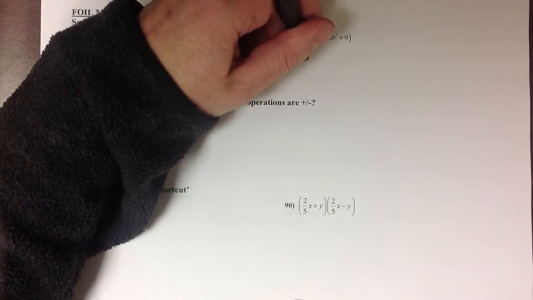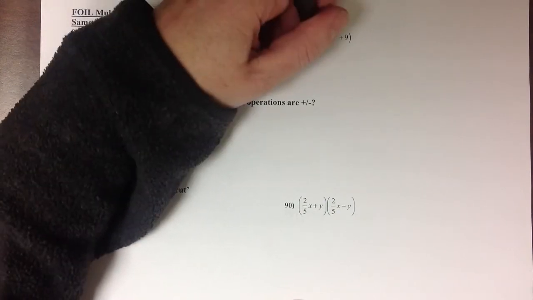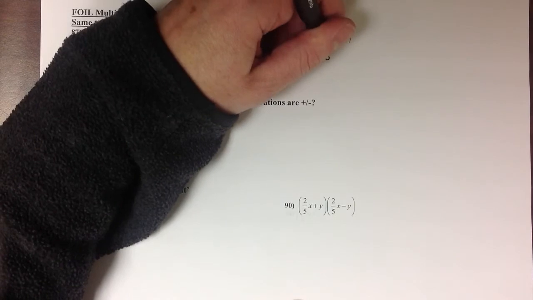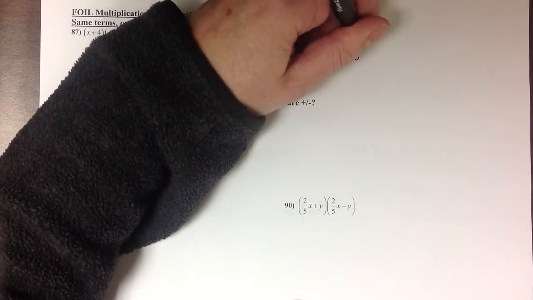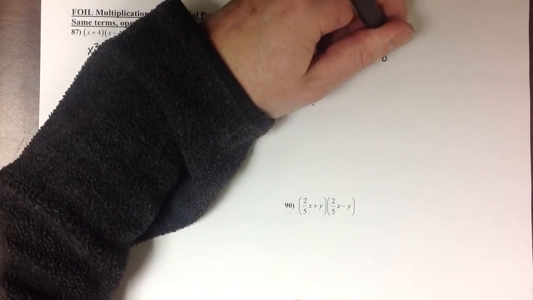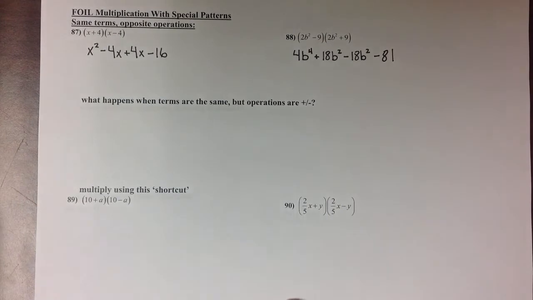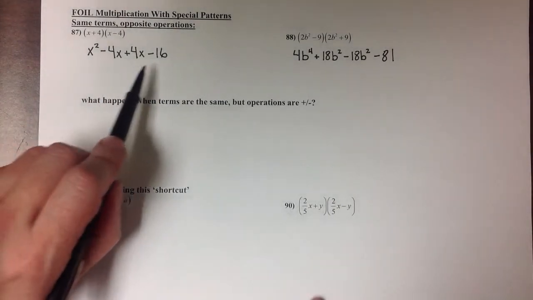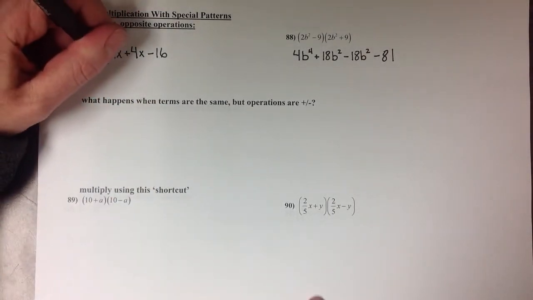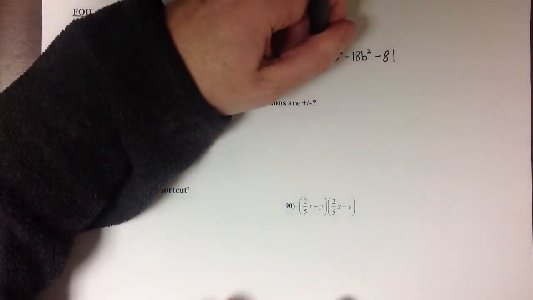When we do this one, we get 4b to the 4th plus 18b squared minus 18b squared minus 81. Then we combine those center terms, and look what happens in both cases.